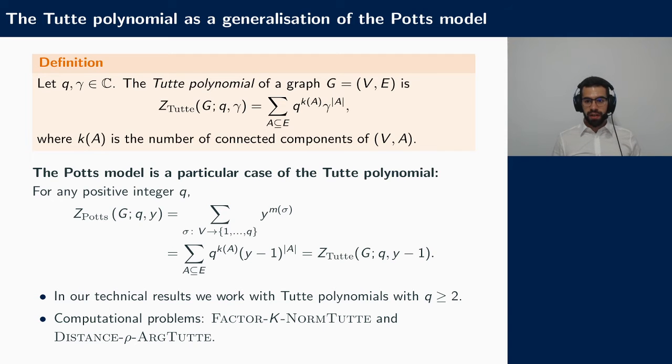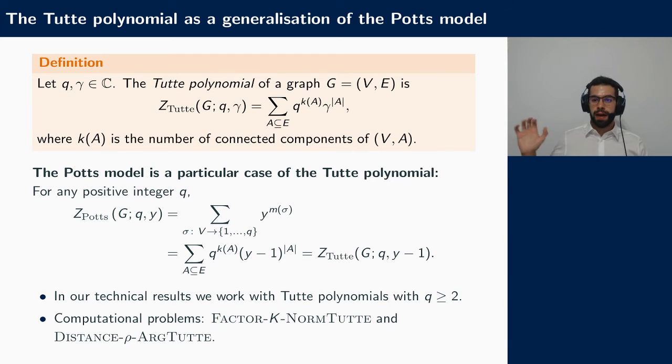We also have a more general version of these results for Tutte polynomials. But first let me introduce these polynomials. The Tutte polynomial of a graph G is the sum over all the subsets A of edges of the graph of the following monomials: q to the number of connected components in the graph with the same vertices as G and the edges of A, okay?